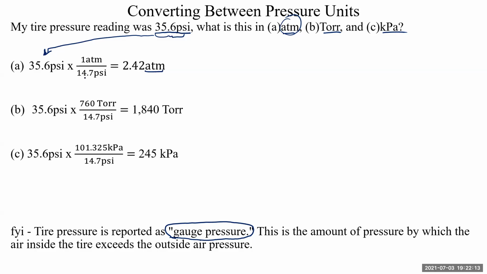So 35.6 psi, we know that 14.7 psi is equal to 1 atmosphere. We know this because hopefully you'll have memorized that sooner or later. So that means 35.6 divided by 14.7 gives us 2.42 atmospheres. So almost 2.5 atmospheres, 2.5 times the local atmosphere.